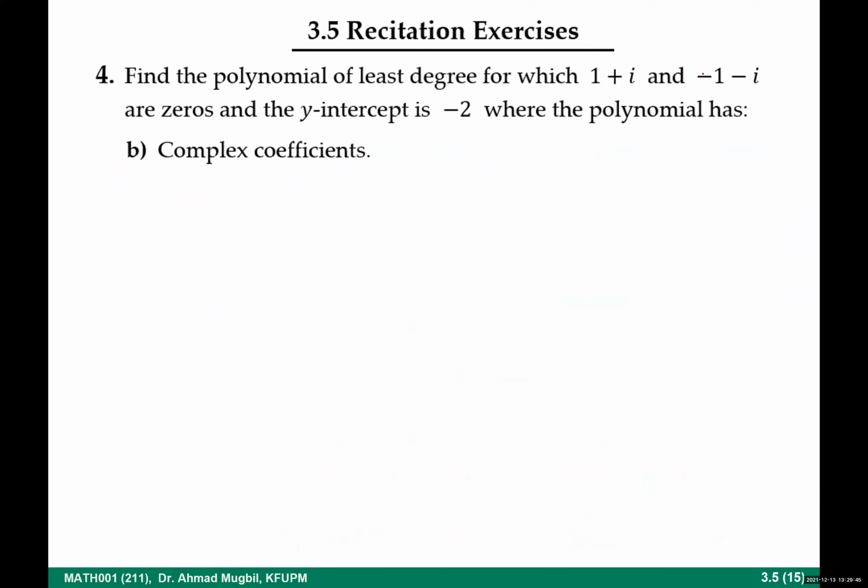So in this case, our polynomial will be A, where A is the leading coefficient coming from the theorem. If nothing is mentioned about it, we can choose it to be, of course, 1. So this will be A multiplied by x minus the first zero, which is 1 plus i, times x minus the second zero. Sorry, the second zero is minus 1 minus i.